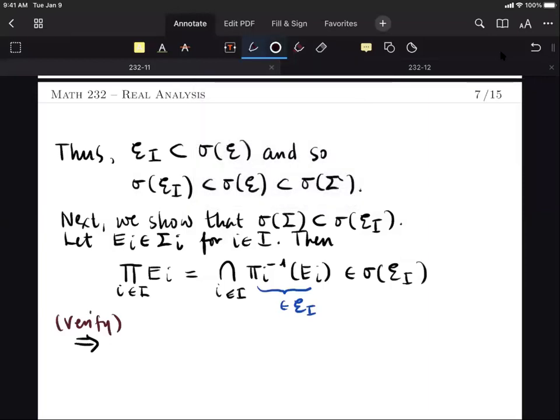We can also replace the generators by the sigma algebra.